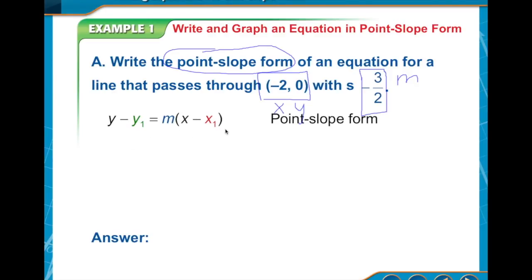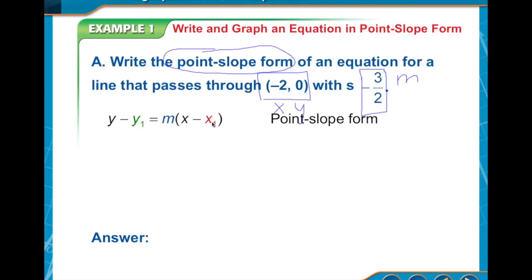We'll always start with our blank equation, okay? We know the things we want to sub in are the things that we see in color here. So we're given m to be -3/2. We can plug that in. And we're also given an x and a y value.